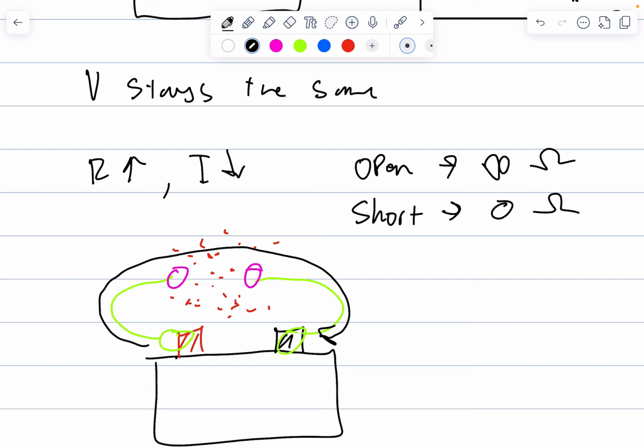When the current is that high, electrons are traveling so fast, they're hitting each other and flying out into the world, right? That's what's happening.